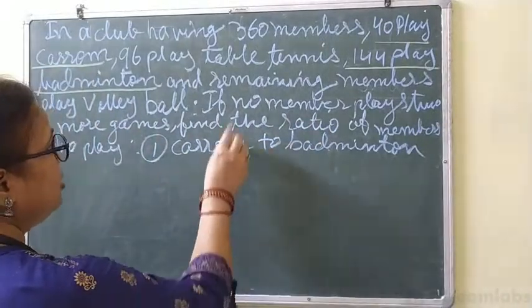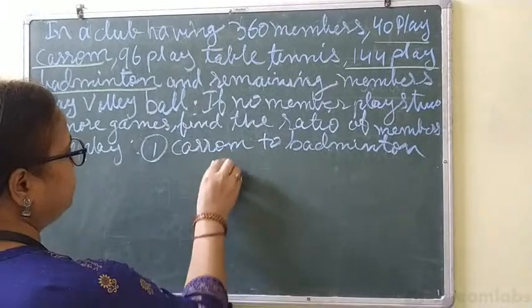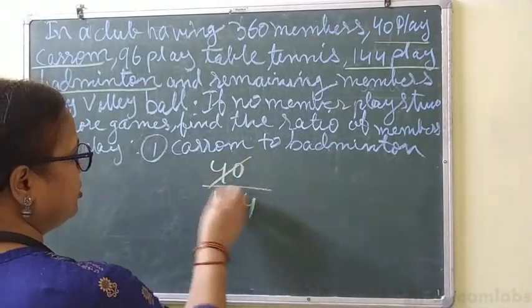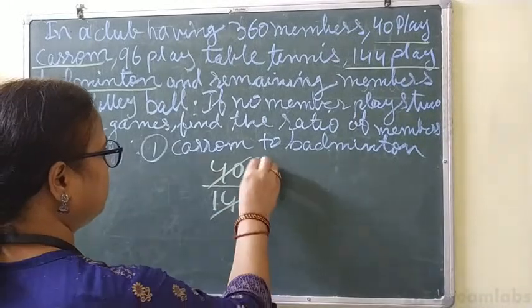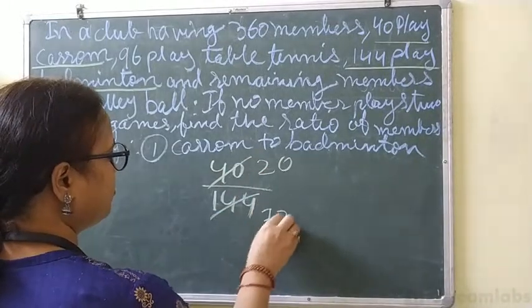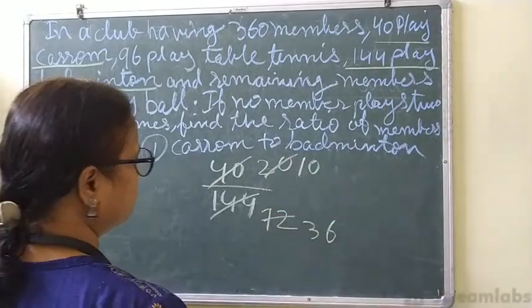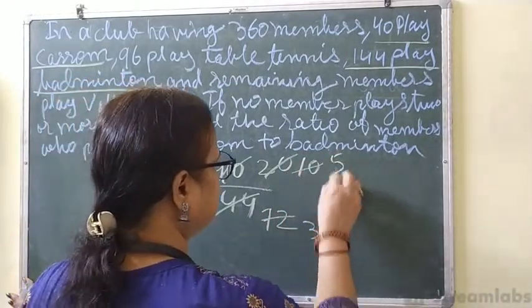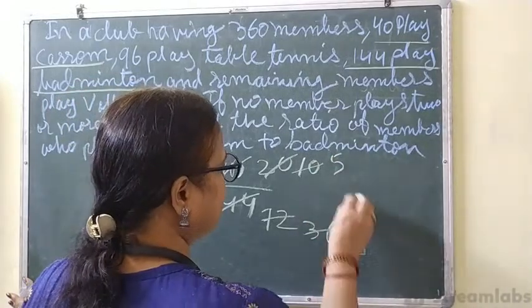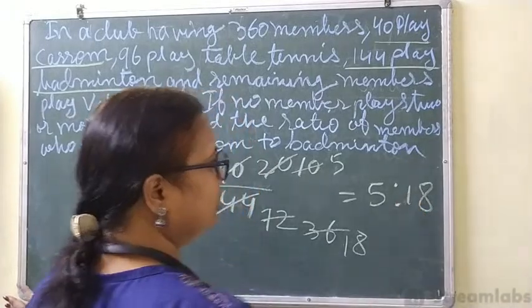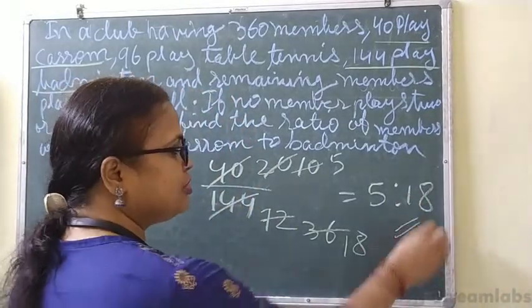So carom is 40 and badminton is 144. So the ratio will be 5 is to 18. Clear? This will be the answer.